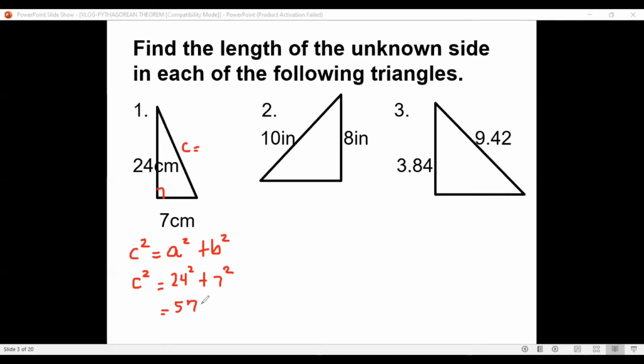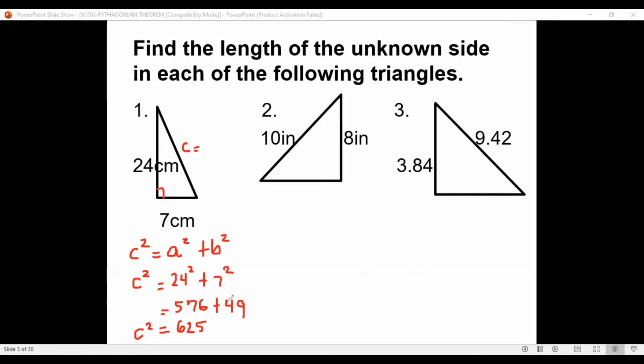Adding the square of 7, which is 49, if we add 576 and 49, the answer we get is 625.